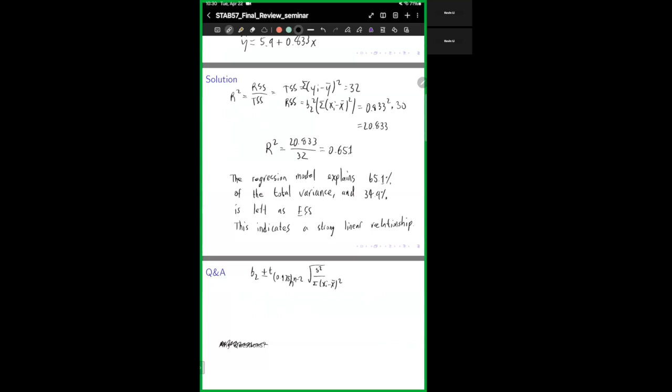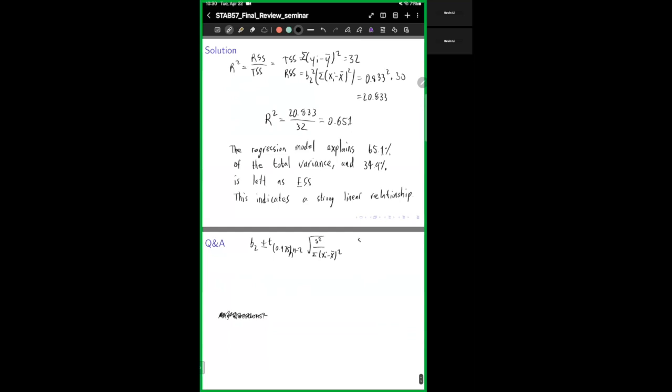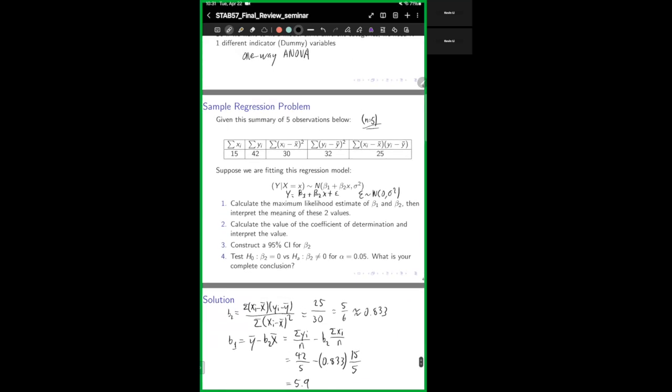So let's take the S. S squared, remember, is equal to the error sum of squares over n minus 2, which is the degrees of freedom, since we're fixing two values. This error sum of squares, by the formula, is equal to total sum of squares minus regression sum of squares, over n minus 2.